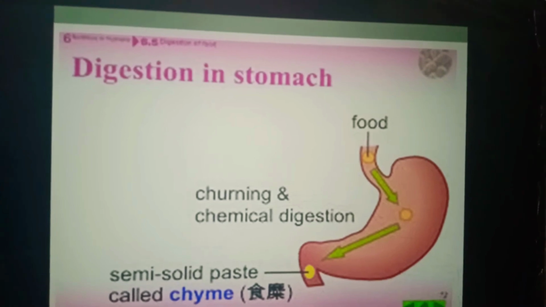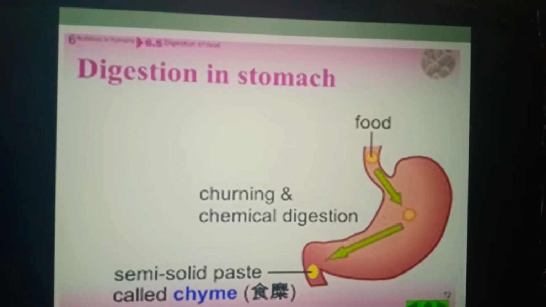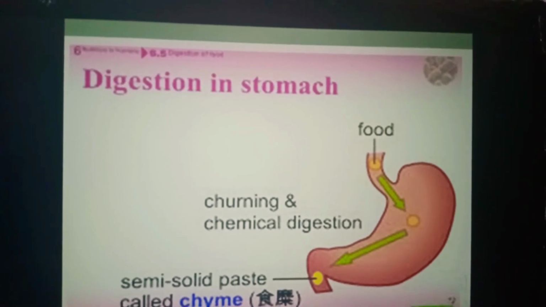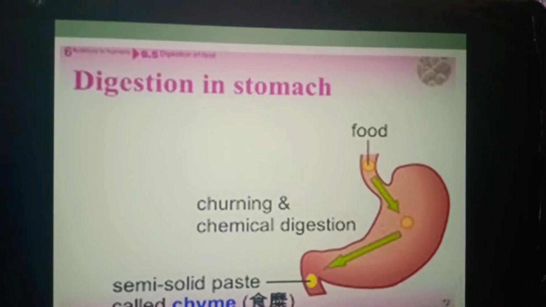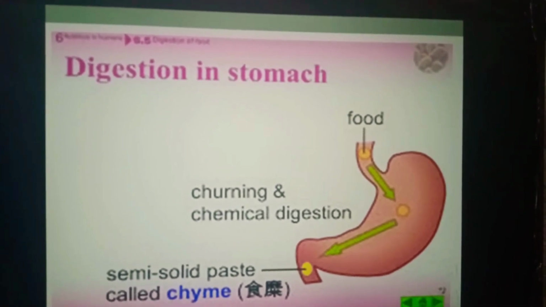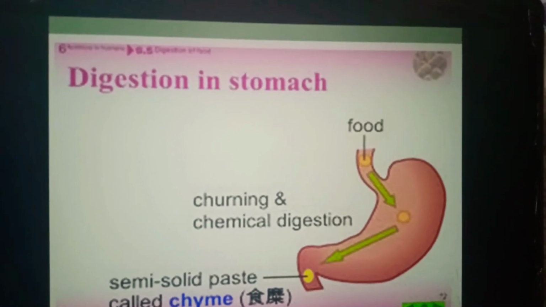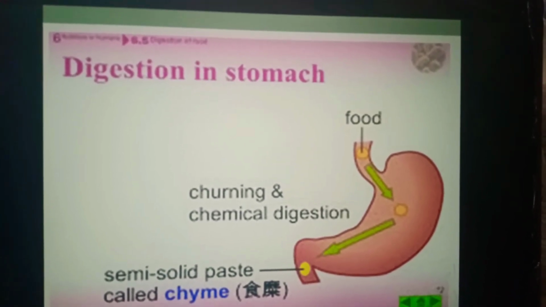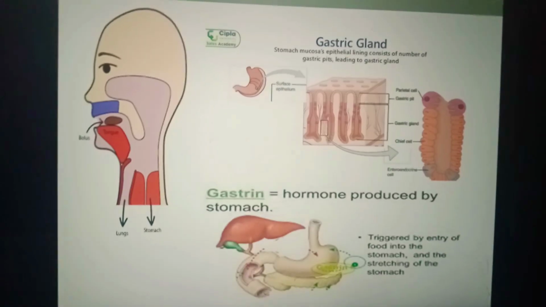The starch in our bite of bread and the protein in mutton have been partially digested, and the food has been converted to a soup-like mixture called chyme. After this, the pyloric sphincter allows a little mass of chyme to enter into the duodenum.